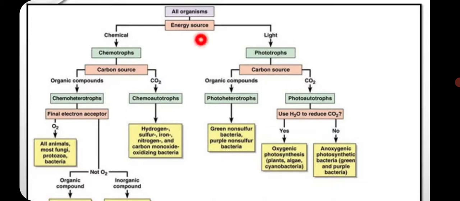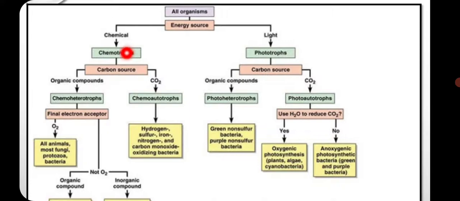First, for all organisms, there is an energy source. Two types of energy source are included: chemical energy source and light energy source. The organisms which use chemical compounds as an energy source are known as chemotrophs.